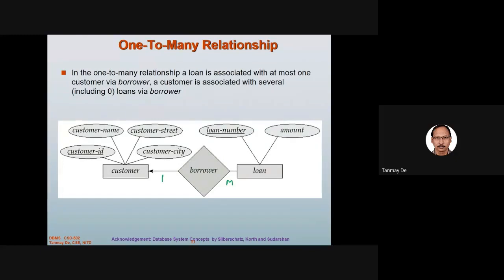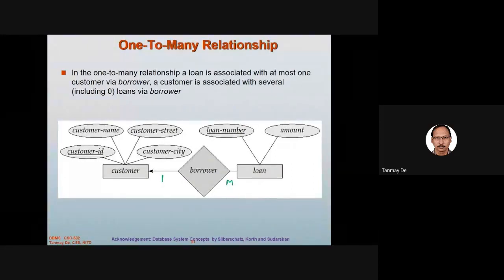So what does this constraint signify? This signifies that the loan is associated with at most one customer via borrower, and a single customer can take multiple loans from the bank. On the loan side you can see the m, or many side.